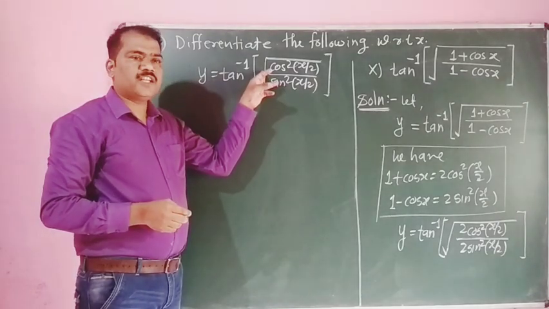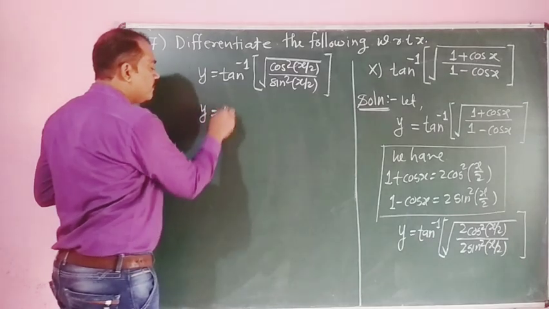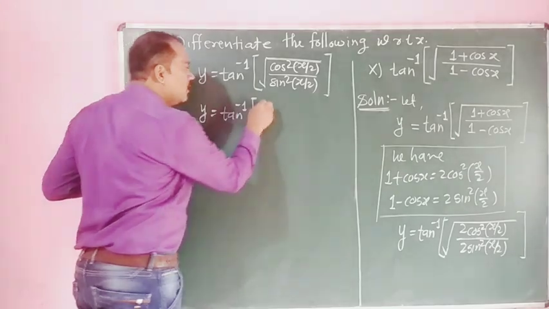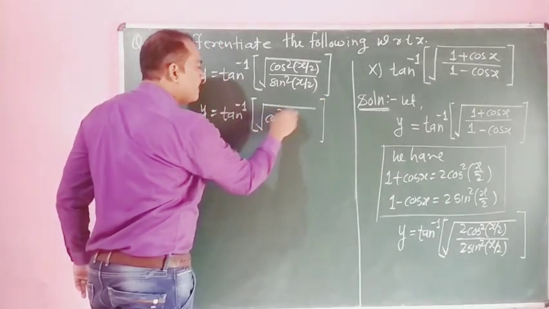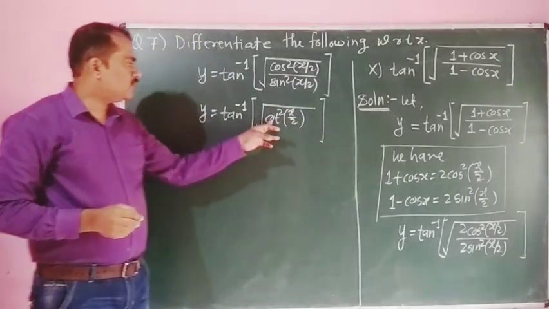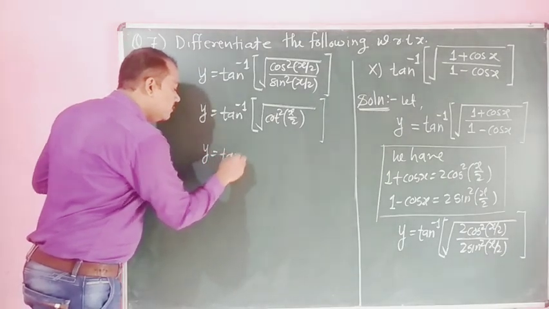Square root of cot square x by 2 is cot x by 2. So y is equal to tan inverse of cot x by 2.